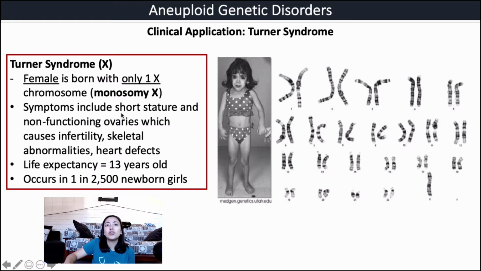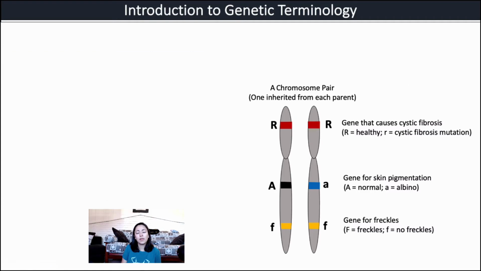These symptoms include short stature, non-functioning ovaries, which leads to infertility, skeletal abnormalities, as well as heart defects. Because of all of these side effects, the life expectancy of somebody with Turner syndrome is only 13 years old, and this occurs in 1 in 2,500 newborn girls.